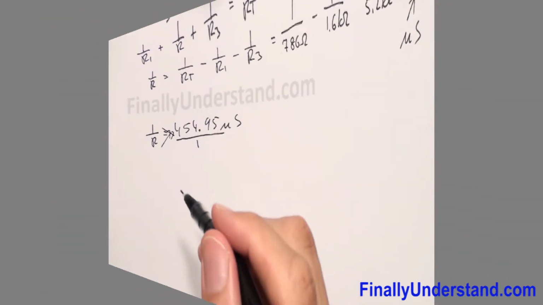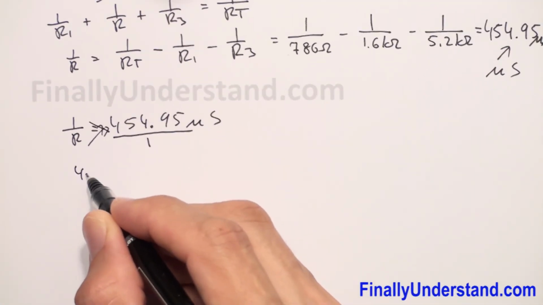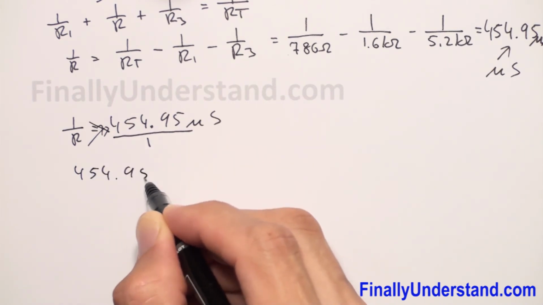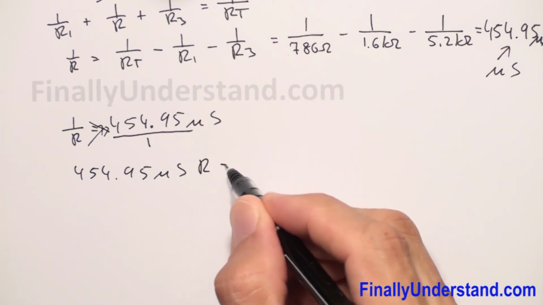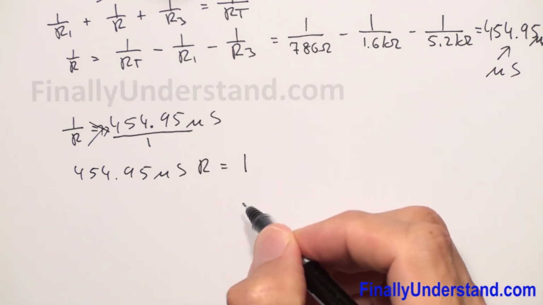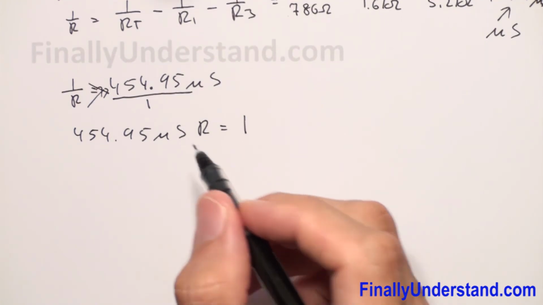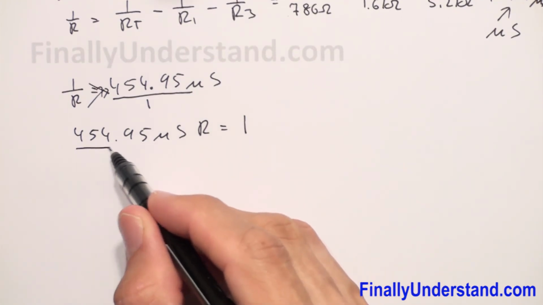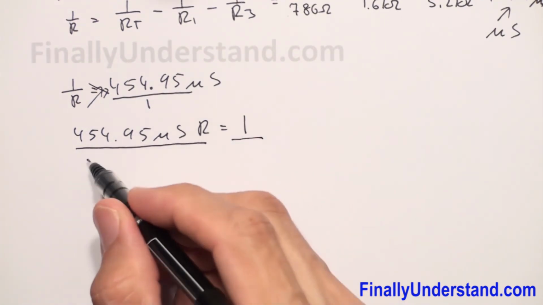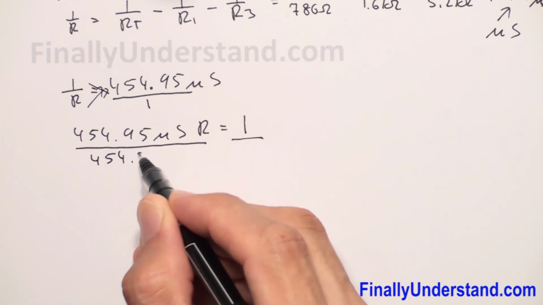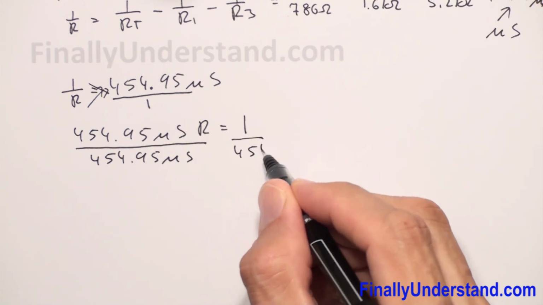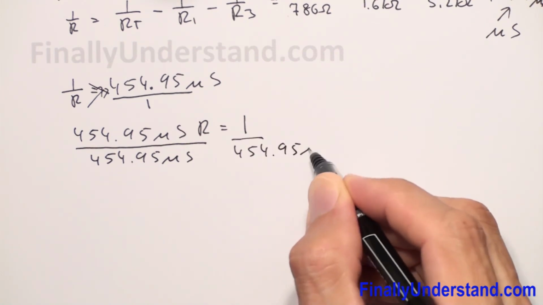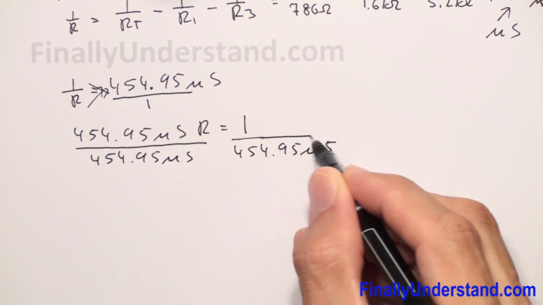So you will have 454.95 microsiemens times R is equal 1. In order to find R, I have to divide both sides equation by 454.95 microsiemens.